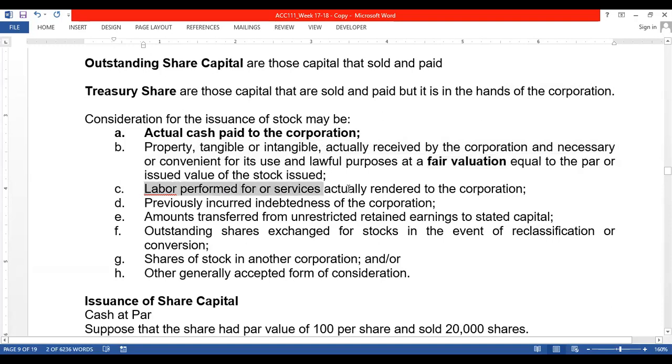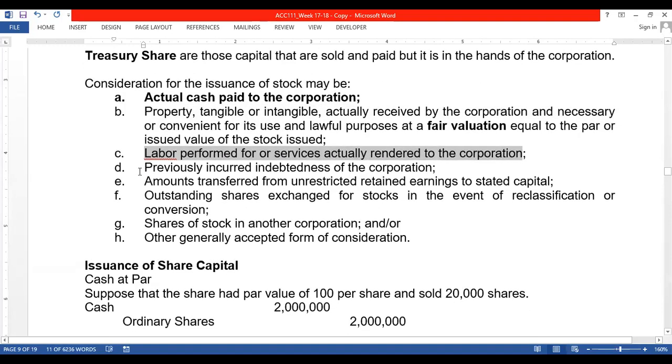The labor performed or services rendered to the corporation, previously incurred indebtedness, pwede po din ibayad sa corporation kay shares. Amount transferred from unrestricted retained earnings, outstanding shares exchanged, shares of stocks of another corporation, and other generally accepted forms of consideration. These are all the different considerations for the issuance of stocks.